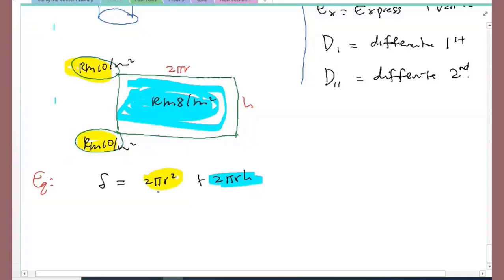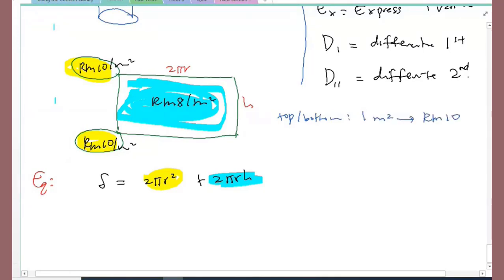To build a cylinder, we need surface, like cutting material. We buy the cut material, then form a cylinder. We are talking about surface area. We are given this surface, but the problem involves cost. So now we have to find this. This is for top and bottom, 1 meter, RM.